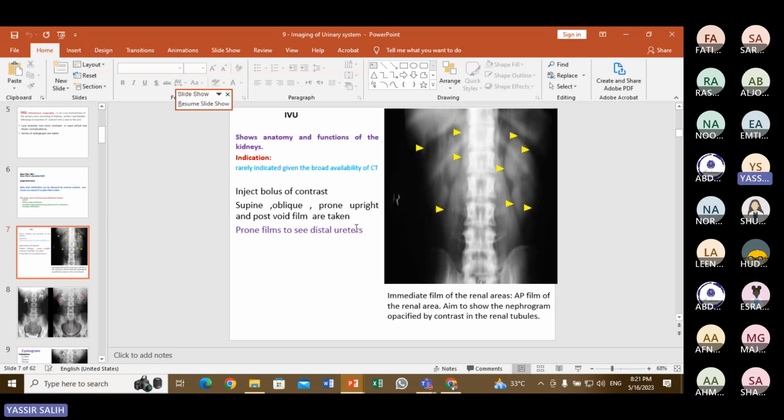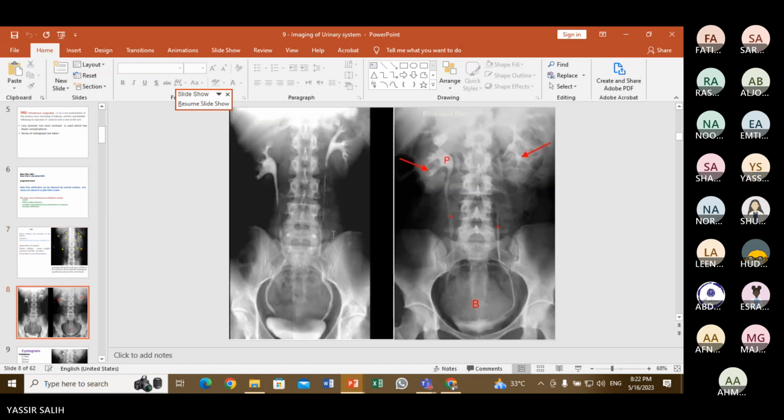This prone film helps us in demonstration of distal ureteric stone. يعني if the patient مثلا عملنا ultrasound demonstrate hydronephrosis and hydroureter and there is suspicion of distal ureteric stone, which IVU film helps us to demonstrate this distal ureteric stone? Is it prone film? إذا prone film helps us in distal ureteric abnormality, especially this stone.